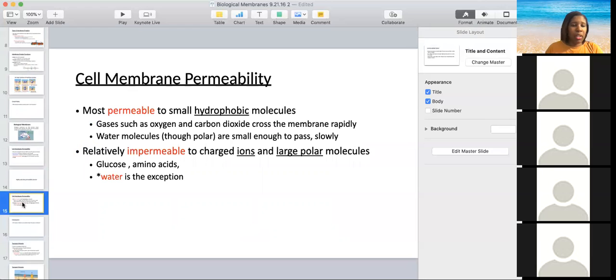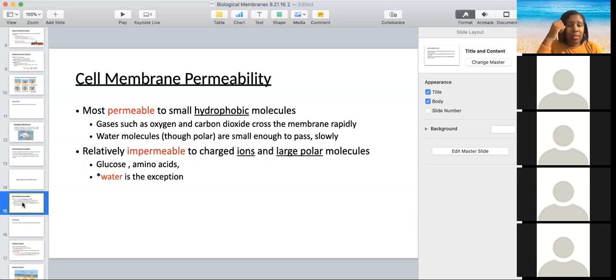The types of molecules that are readily permeable, that can move easily, are going to be those small hydrophobic molecules, such as gases, oxygen, and carbon dioxide. They can pass across that membrane pretty easily without much assistance. Water, although it's polar, can also pass through that fluid structure.